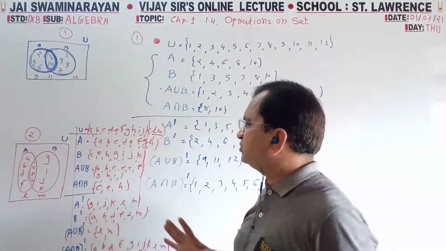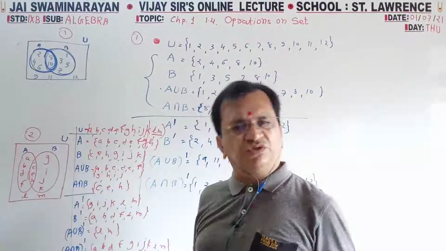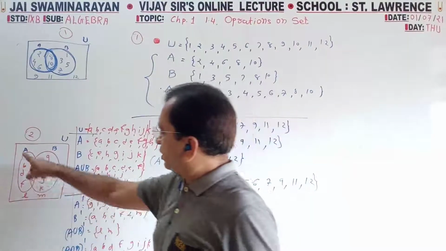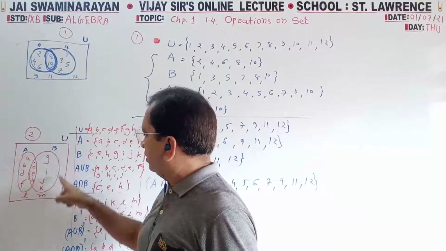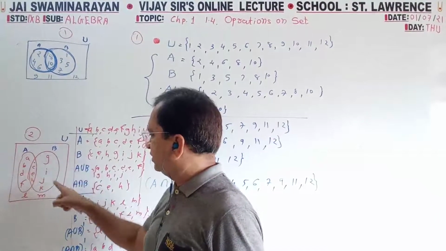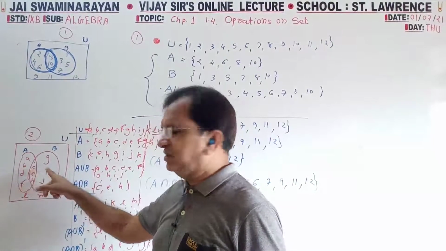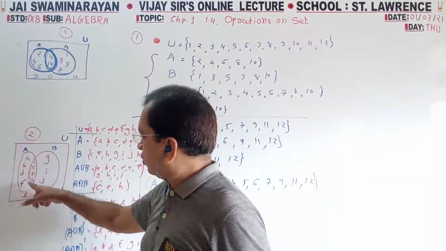Again, first, all the elements which are appearing, you write as universal. Only A means only this circle, all elements. Only B means all this circle. Union means this and this, all three. Only intersection, common part.